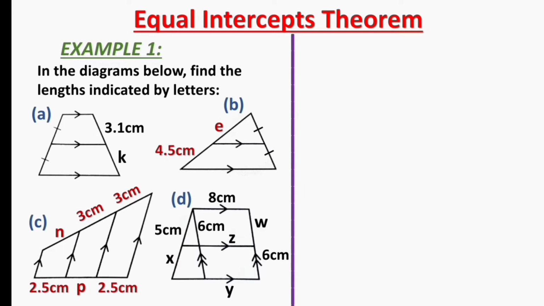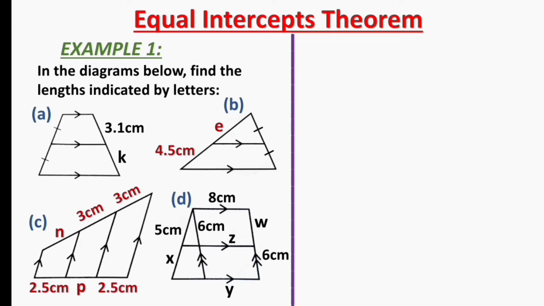Moving on, let's take some examples concerning the various intercept theorems. Our first example will be testing the equal intercepts theorem. Example 1. In the diagrams below, find the lengths indicated by letters.